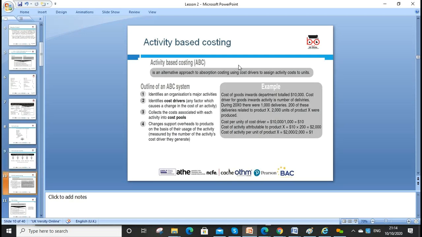Let's look at an example. The cost of the goods inward department is 10,000. The activity is the number of deliveries: 1,000 deliveries and 10,000 cost.